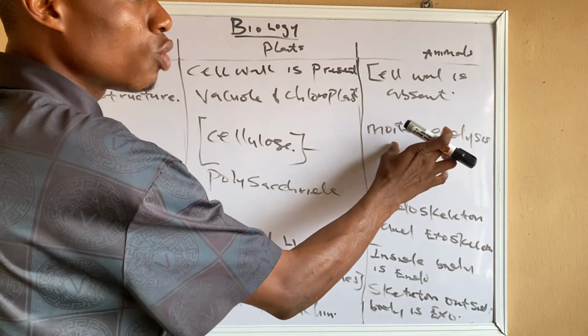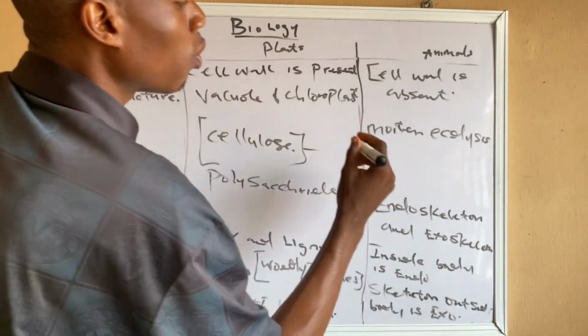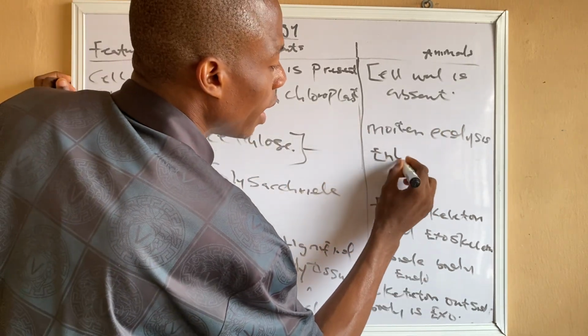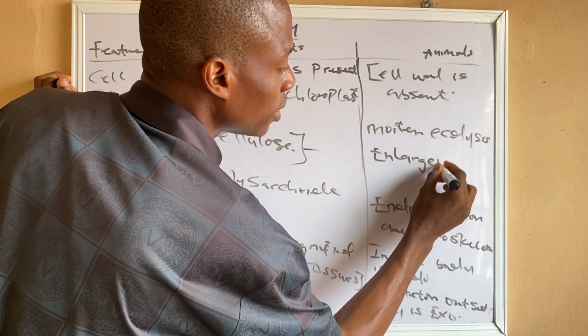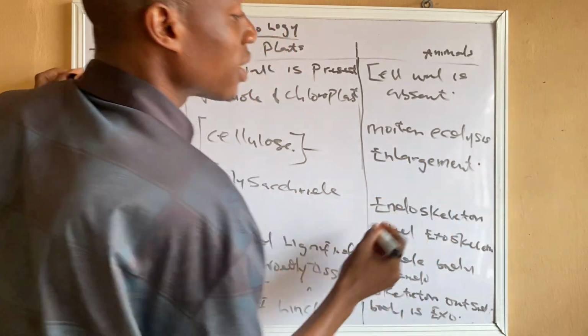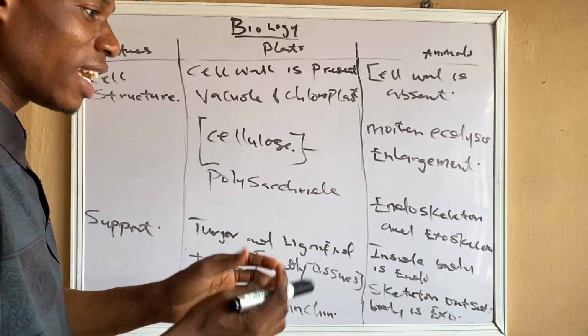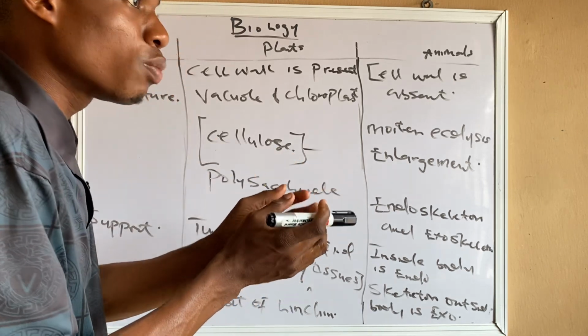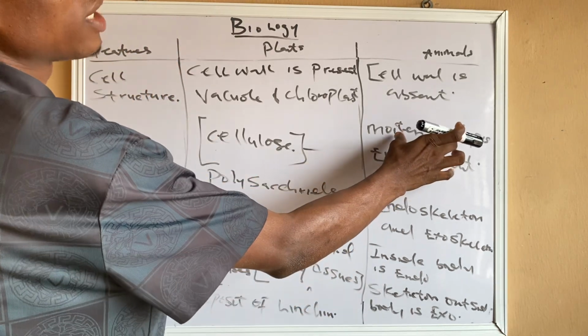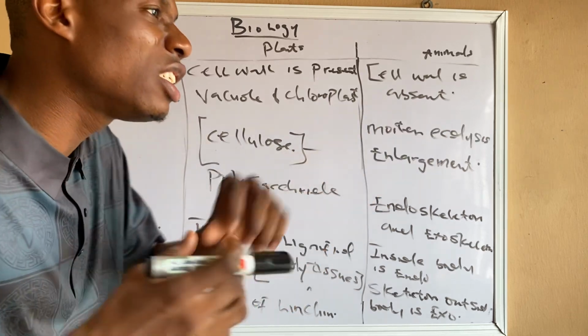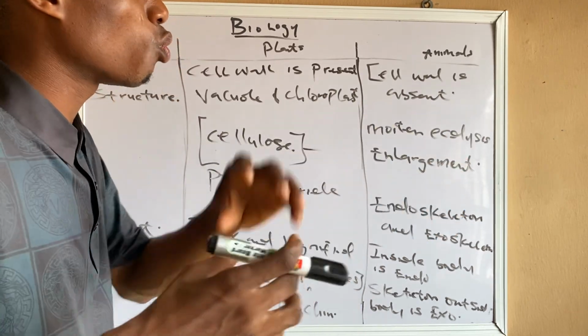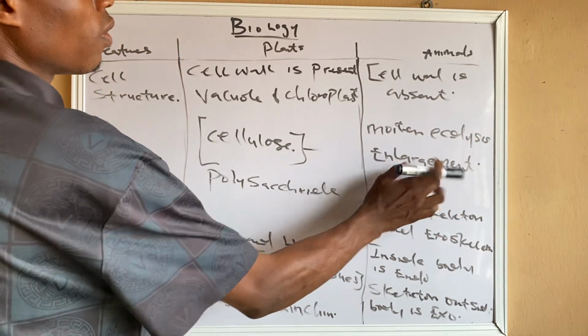Why do they do it? The major issue is enlargement. A very small snake that wants to become a bigger snake has to go through molting ecdysis, because it has to shed the previous skin to take a bigger skin for enlargement.